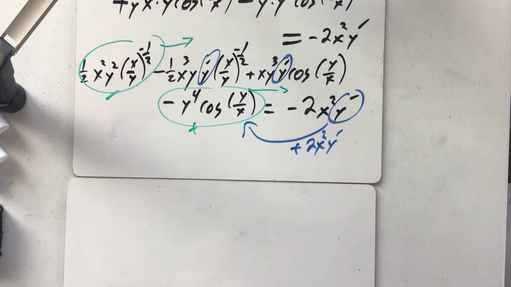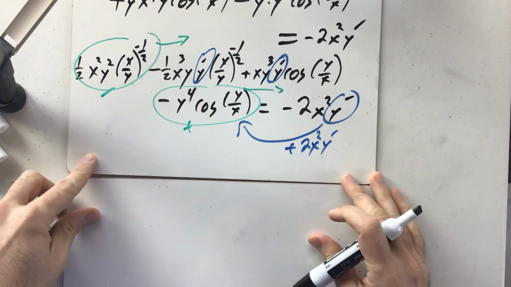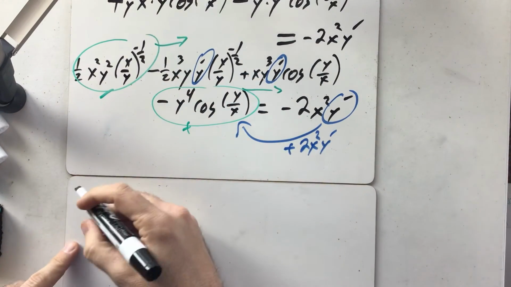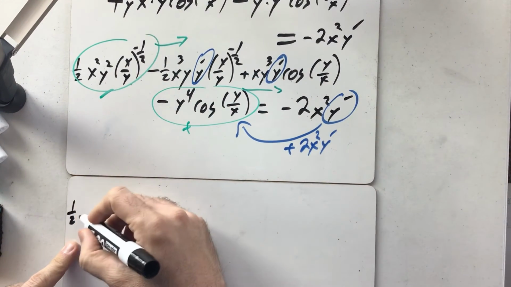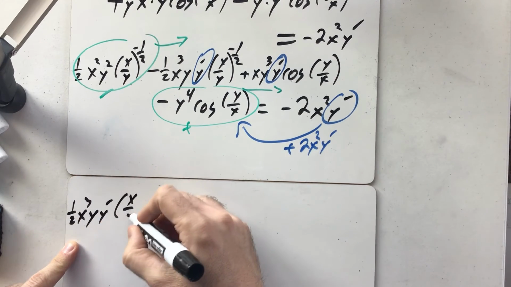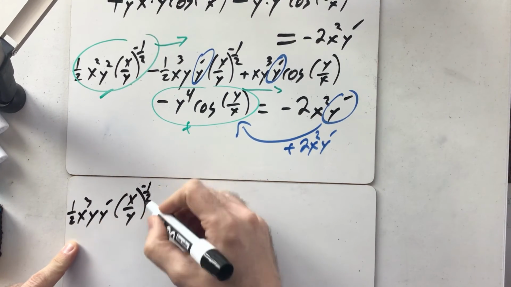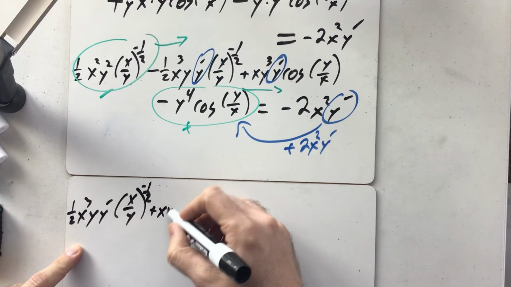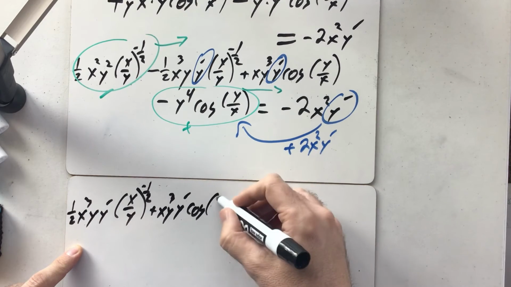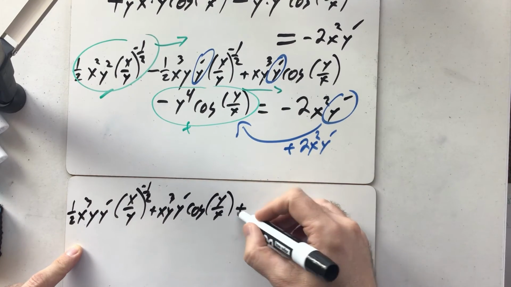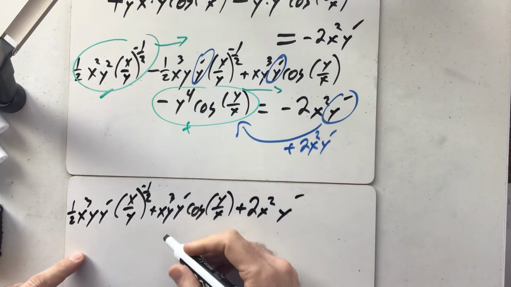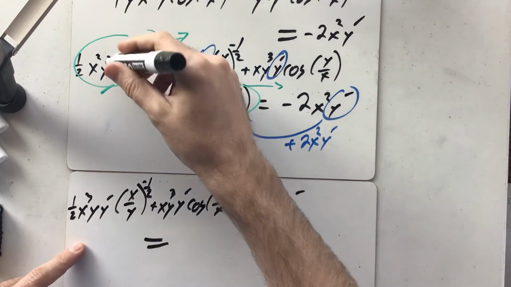Okay, so let's rewrite. So what have I got? I've got this, and this all on the left side. So I've got a 1/2 x cubed y, y prime, x over y to the negative 1/2 plus x y cubed y prime cosine y over x plus 2x squared y prime, and that is equal to the other pieces.